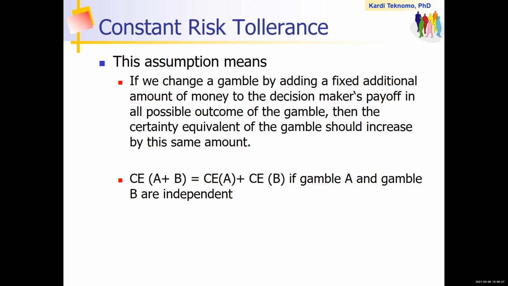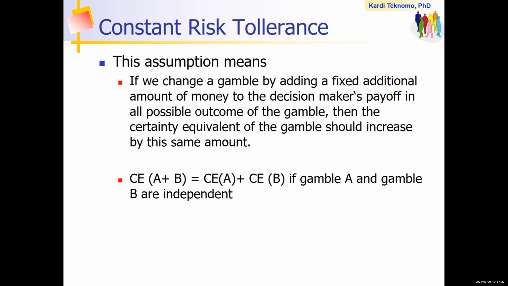It means that we change the gamble by adding a fixed additional amount of money to the decision maker payoff, okay, in all possible outcome of the gamble. Then the certain equivalent of that gamble should increase by this same amount.